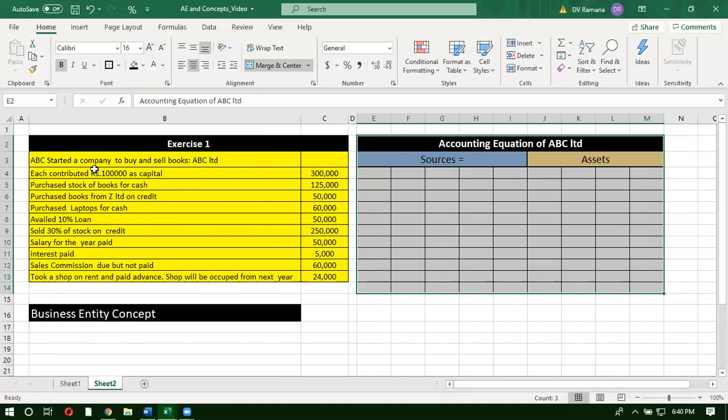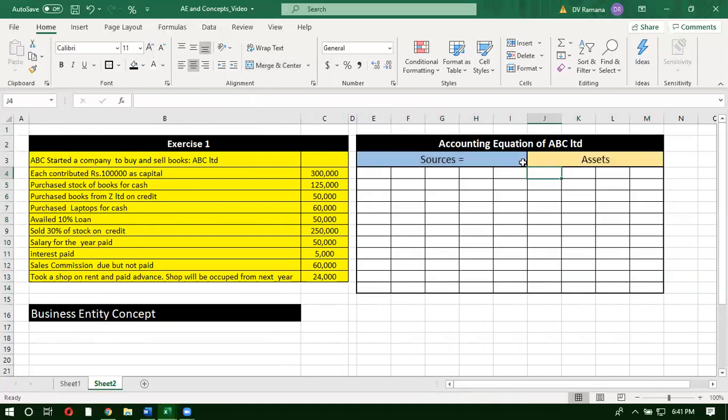So A, B, and C gave money to the company, and as per the accounting equation, if you have assets, in this case the asset is cash, the asset should have a corresponding source, and in this case the corresponding source at this date is capital.